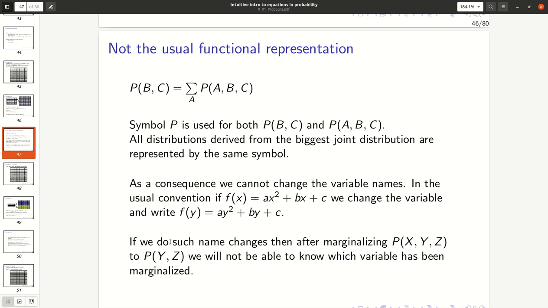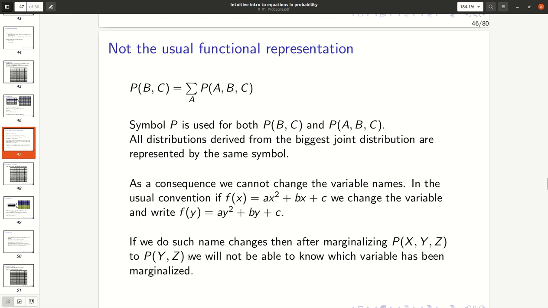If we do such name changes, then suppose we marginalize p of xyz to get p of yz, and such a change of variable names happened, then we will not know which variable we have marginalized.